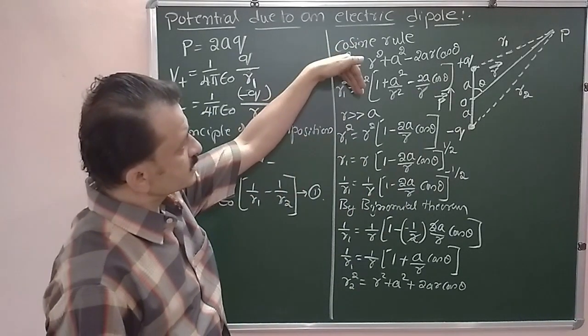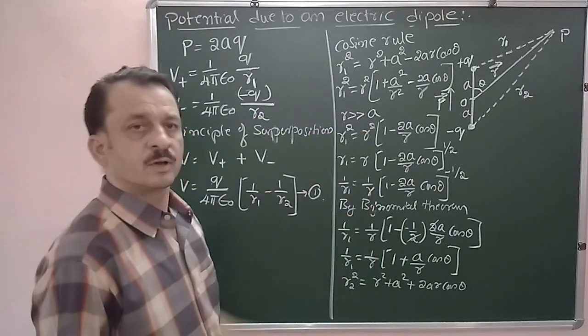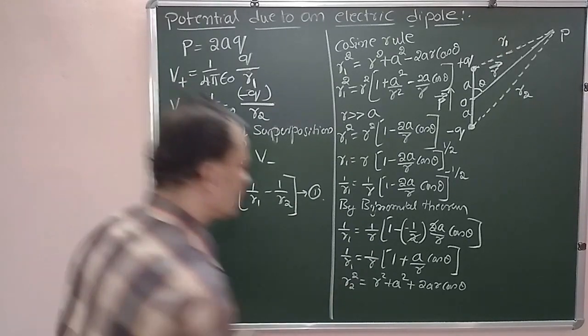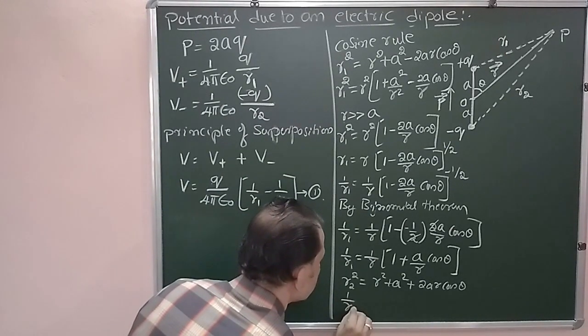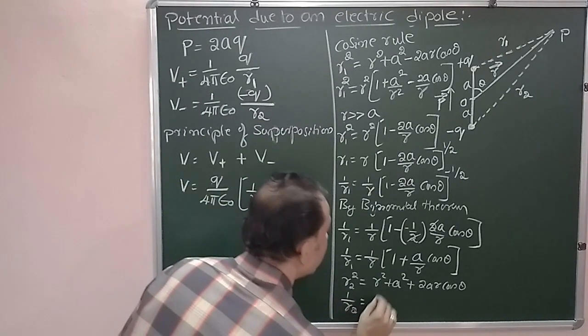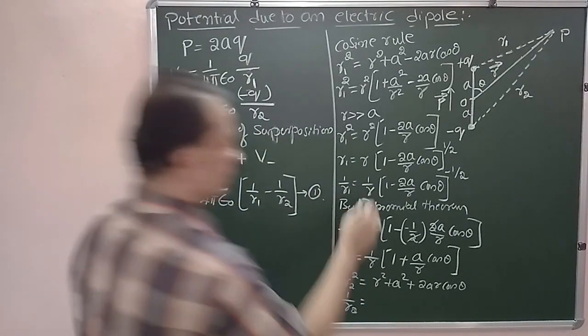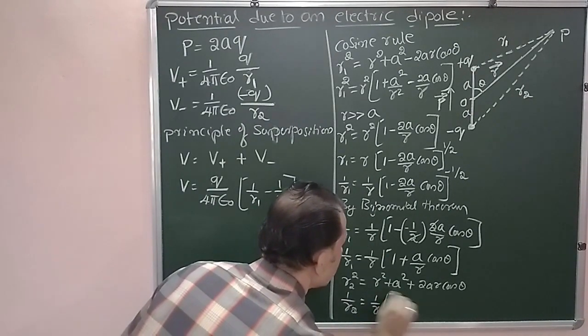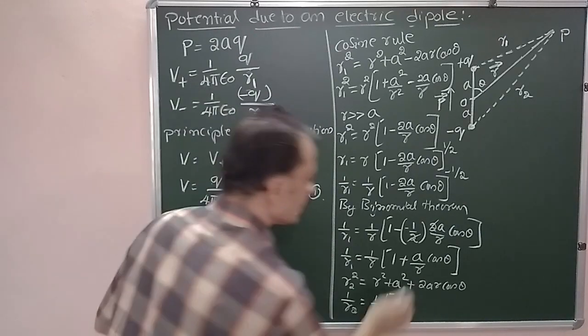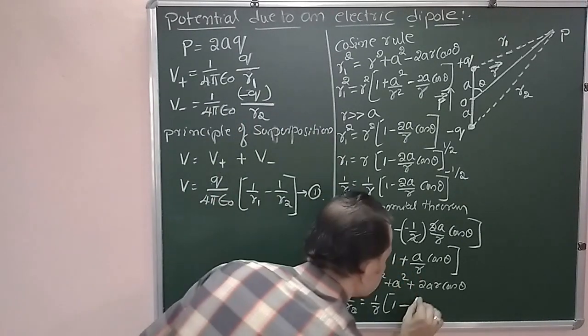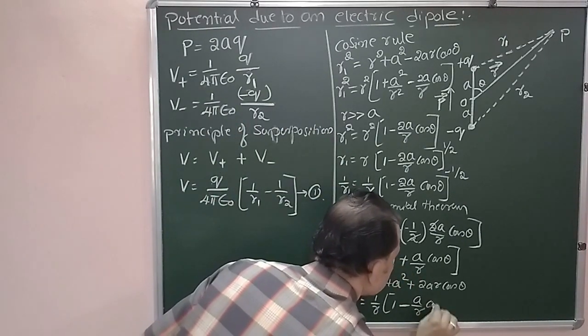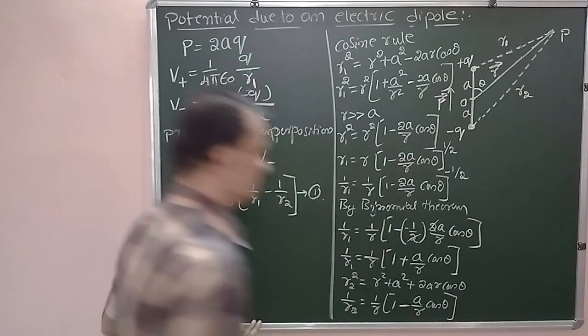Now follow the same steps. Then finally we arrive at 1 by r2. Therefore 1 by r2 is 1 by r into 1 minus a by r cos theta, the same expression with a negative sign.